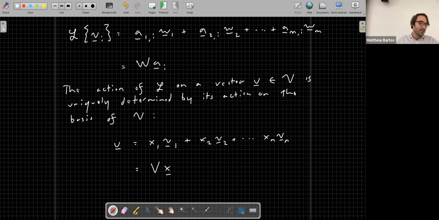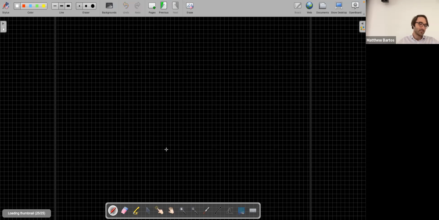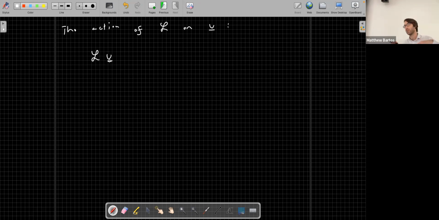So we can write that the action of L on U is given by L applied to U, which is just some arbitrary vector in our domain.